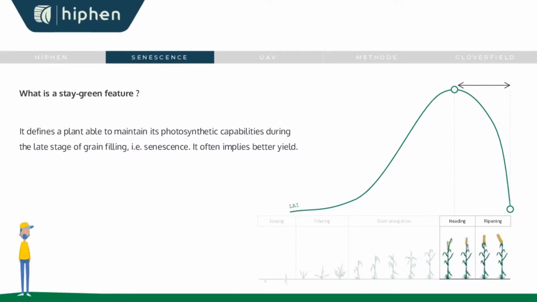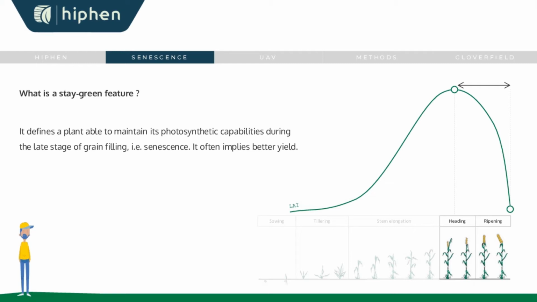And finally, I do believe that it's very important for you to have ideas well set when we're speaking about stay green features. Stay green features, I think, is what all of you have already been following. It's one date where I measure my plants, with my eyes or with a drone or whatever, generally NDVI, and I assess the amount of greenness of my plants.